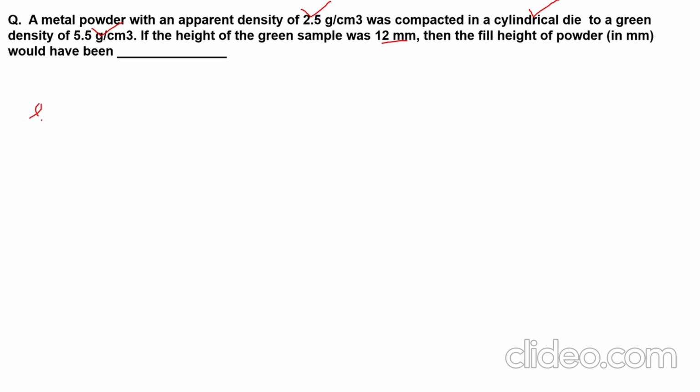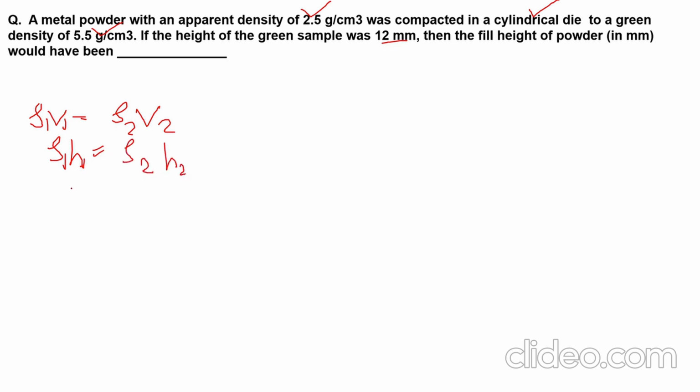So we know that rho 1 V1 is equal to rho 2 V2, because we are considering the mass of the powder to be the same. The density 1 is given, so we can first write rho 1 H1, because pi r square will cancel again, equal to rho 2 H2.